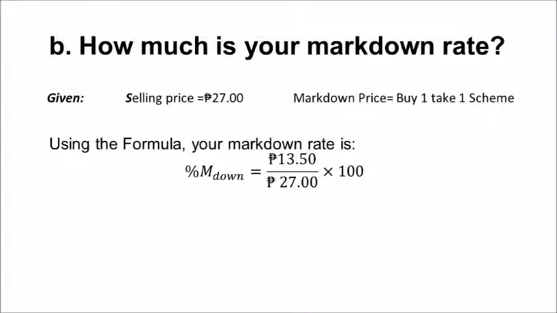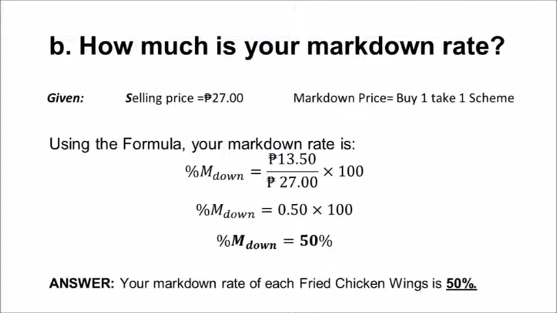You simply divide the amount of markdown by the original selling price. By dividing it, you have 0.50, and in order to get the percentage value, you multiply this by 100. Now, your markdown rate for each fried chicken wing is 50%.